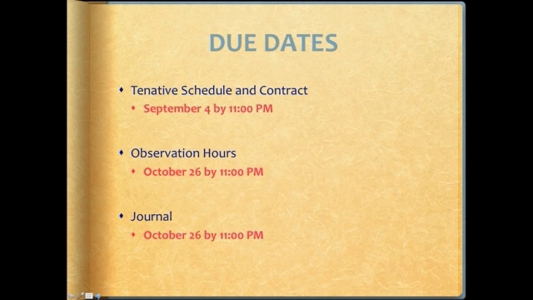That's perfectly fine. Just know that I won't be grading them until after the due date, so I'll grade them all at one time. So September 4th is your first due date. That's your tentative schedule, filled out and signed, and then the HIPAA statements signed as well. Observation hours and journal are due October 26th by 11 p.m.